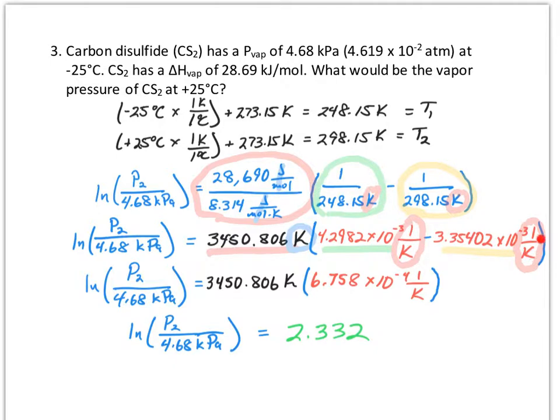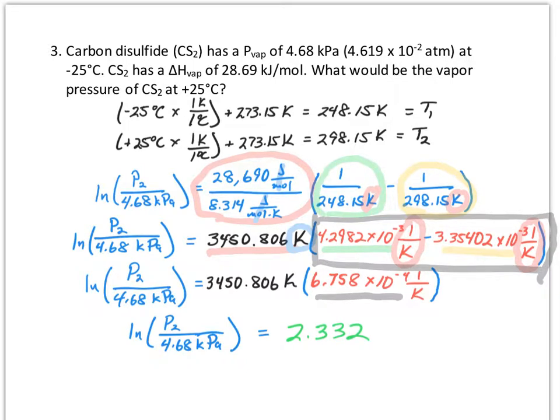So one of the things you can always check if you're following your units, whenever you're doing an addition or a subtraction, check and make sure that those two numbers have exactly the same units, okay? So when we do the subtraction in this term, we're going to get this number, right? 6.758 times 10 to the minus 4.